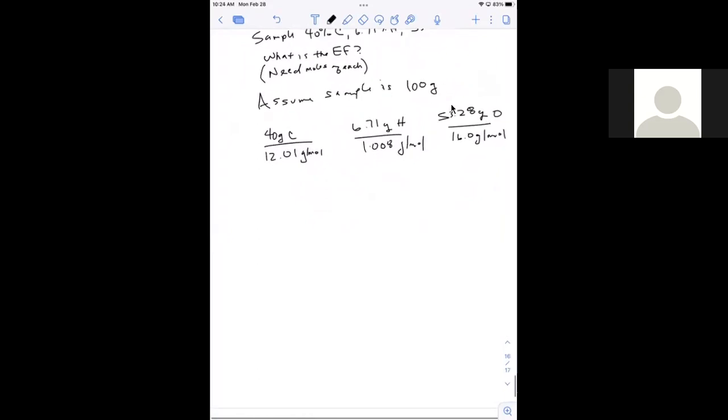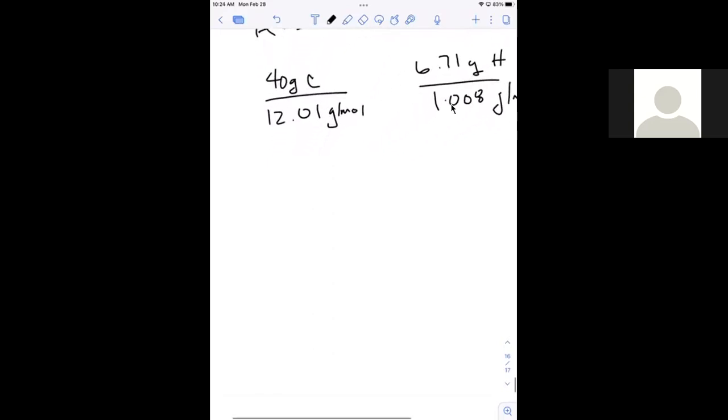Somebody calculate those real quick, each one of them. If you notice too here, this formula has 3 terms in it. It doesn't matter. We're still gonna follow the same process. Anybody got the carbon yet?